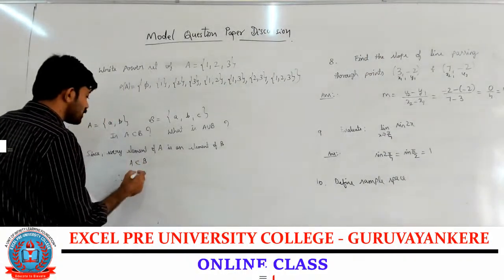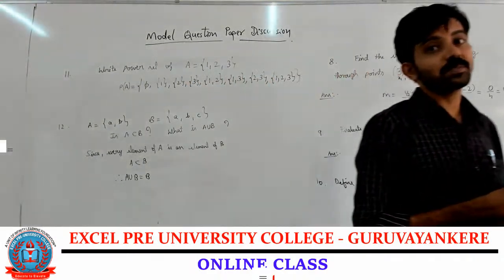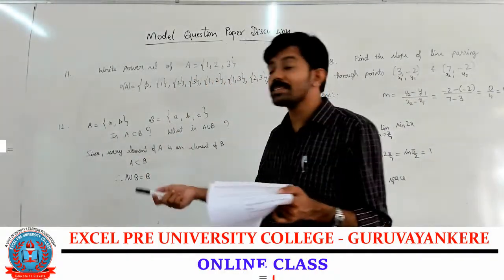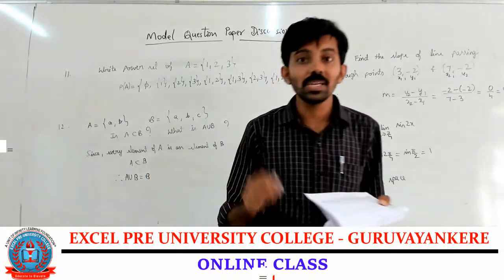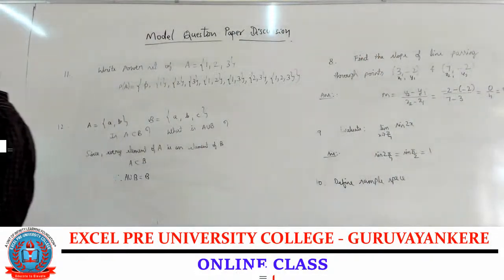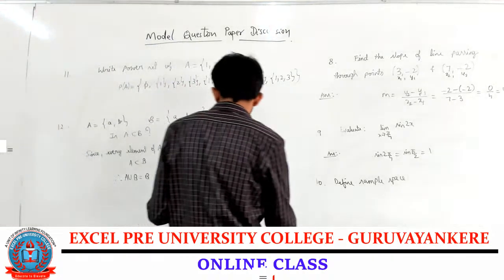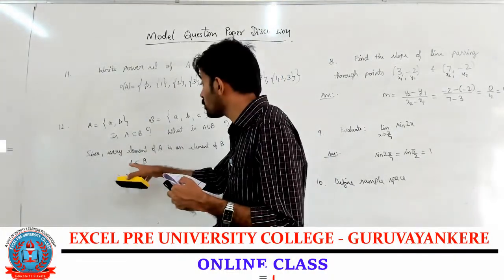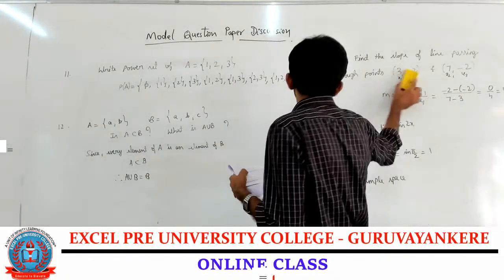The larger among these two is B. So A union B is B. In this case, A intersection B is A. Intersection of these two is A, union of these two is B. If they ask, when A is a subset of B, what is A intersection B? Your answer should be A. A union B is B. Union is the largest set, intersection is the smallest set.